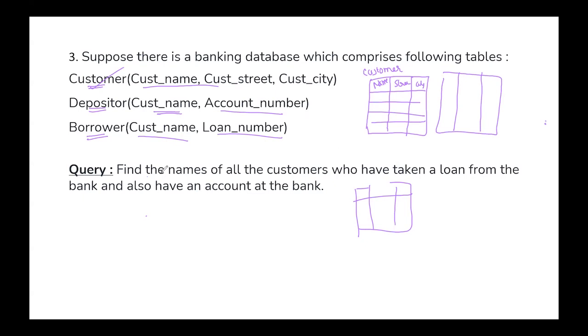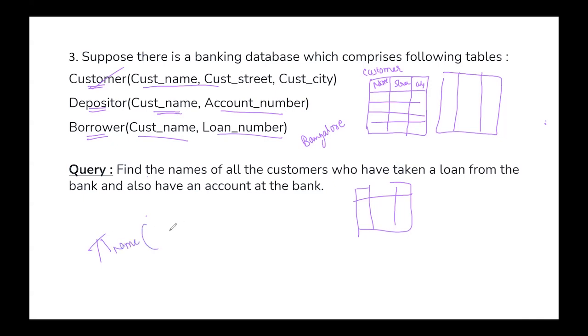Suppose I'm giving you a query saying, give the name of the customer who lives in the city Bangalore. So list all the names of the customers who live in the city Bangalore. Which means what you're supposed to do now? We need only the name, which means I will project the name.